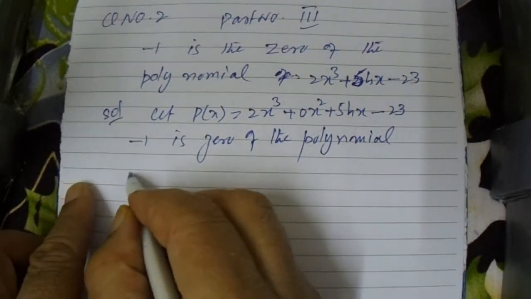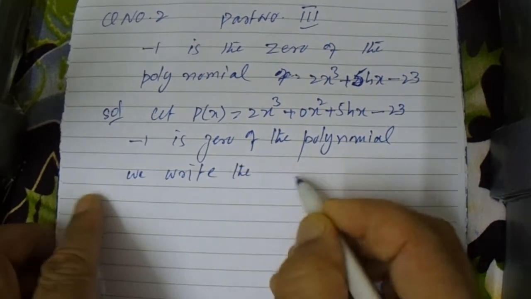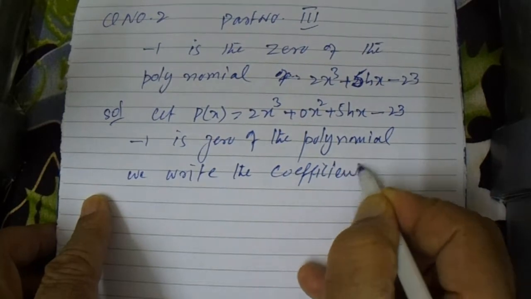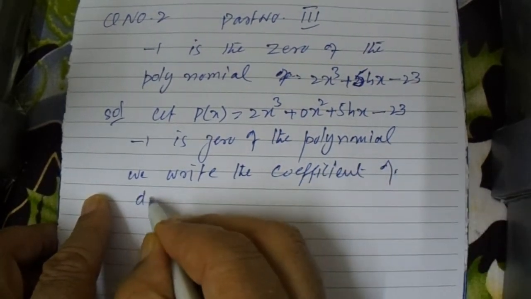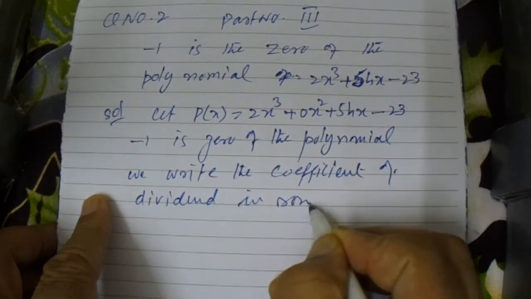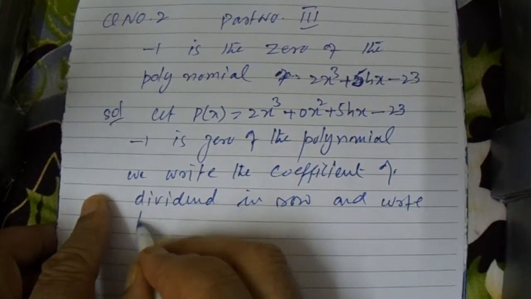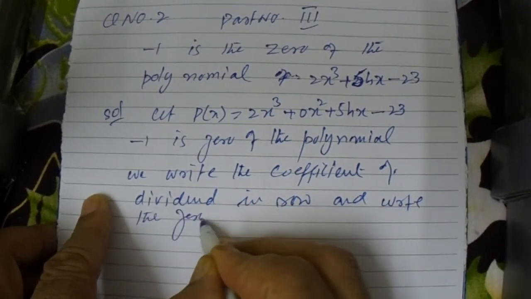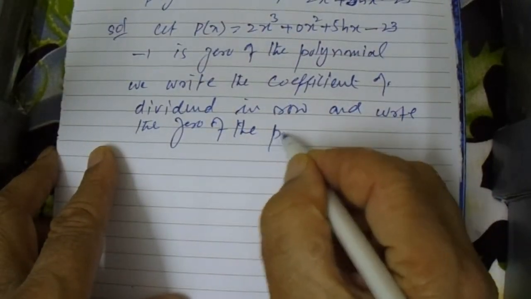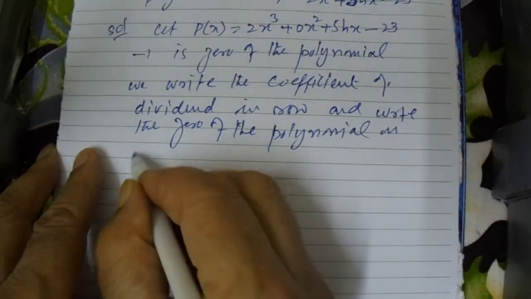Now we write the coefficients of the dividend in a row, and write the zero of the polynomial on the left side.